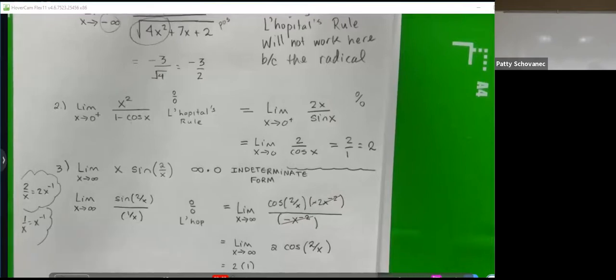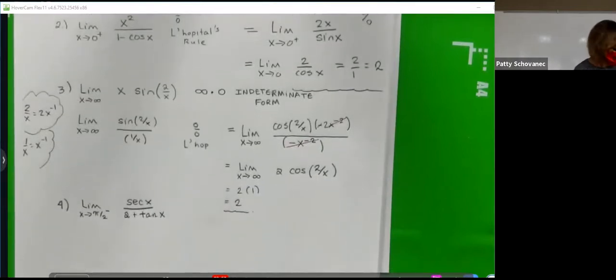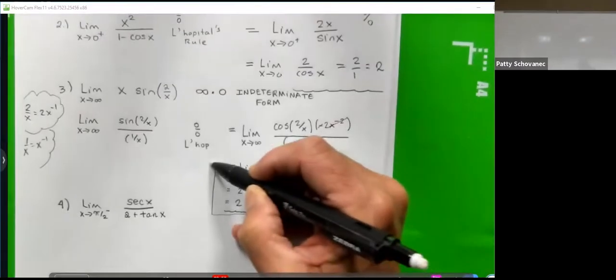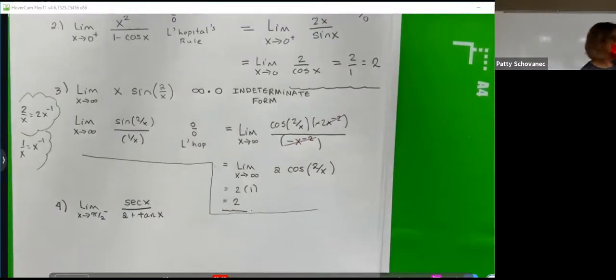Let's look at the limit as x goes to pi over 2, say from the left, of the secant of x divided by 2 plus the tangent of x. A secant is 1 over cosine, a tangent sine over cosine.